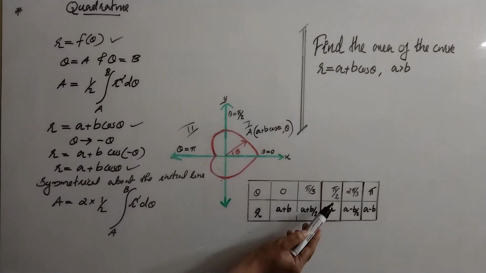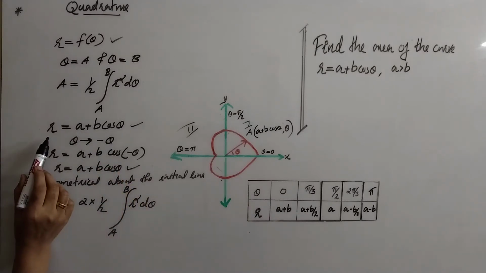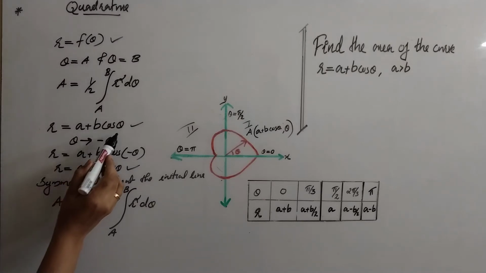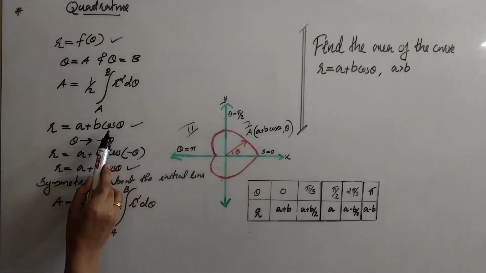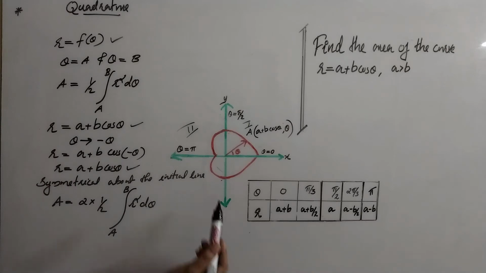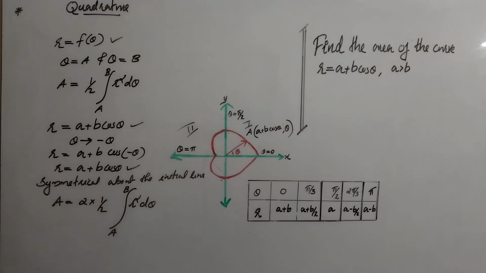If theta is equal to pi by 2, cos pi by 2 is 0, then the value of r is a. If theta is equal to 2 pi by 3, the value of r is a minus b by 2. And if theta is equal to pi, cos pi is minus 1, then r is a minus b. And this is a heart-shaped curve.